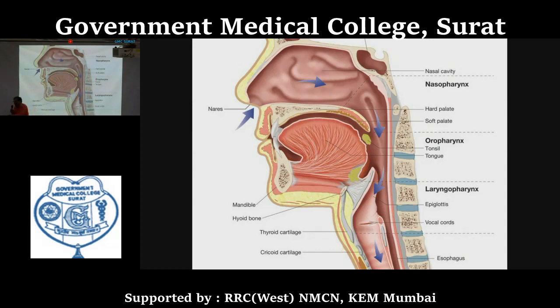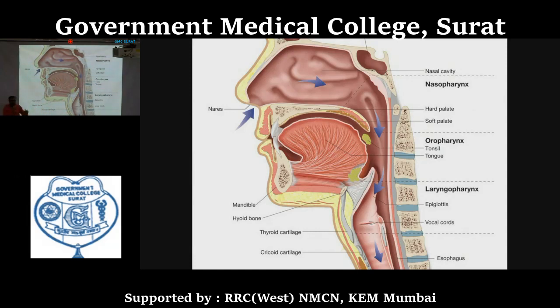Okay, so the food having only one path, that has to pass to the laryngopharynx, because this communication is closed and this communication is closed. Now, later on, under the influence of gravitation, when the person is upright or in a sitting position, and under the influence of the contraction of this constrictor, the food passes gradually downwards and reaches the lower part of the laryngopharynx.